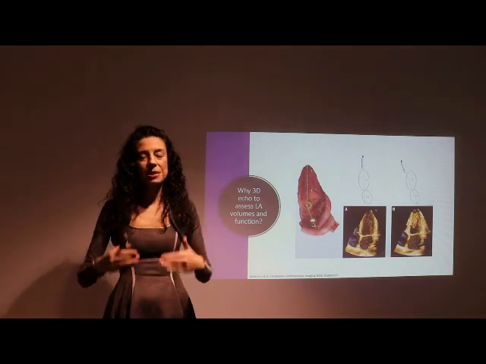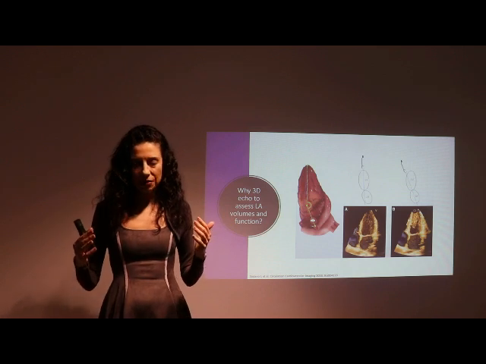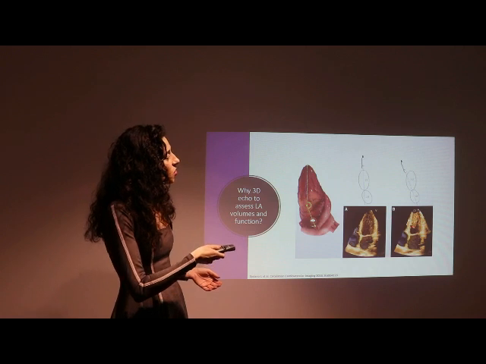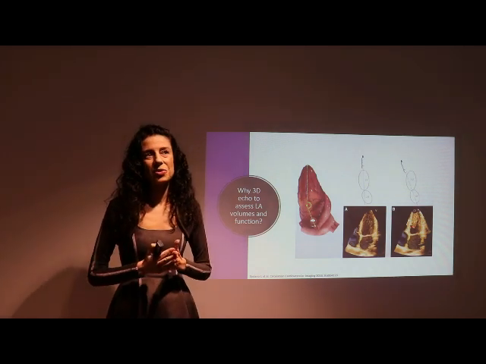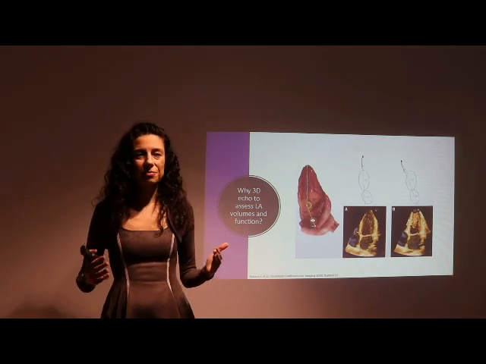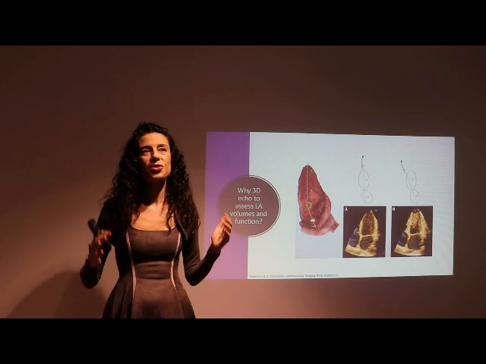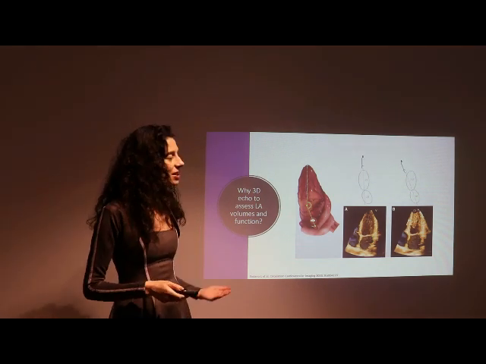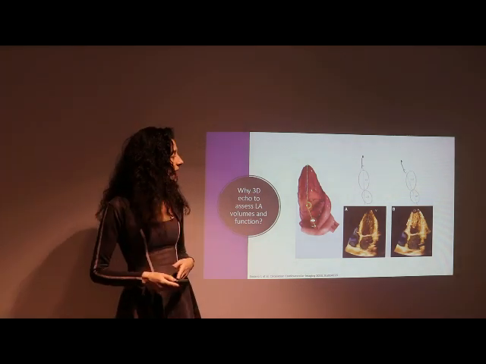If you want to see the maximal volume and diameters of the left atrium, you have to search for them in some non-standard left ventricle views, and you could almost never be sure that you have found just the maximal left atrial volume. That's why we need sometimes 3D measurement of left atrial volumes.